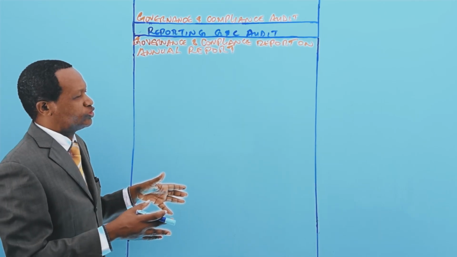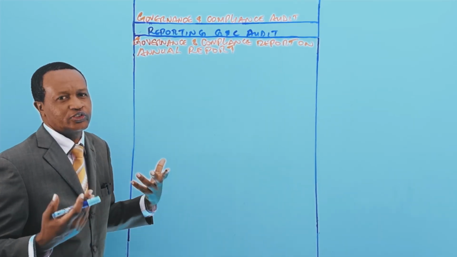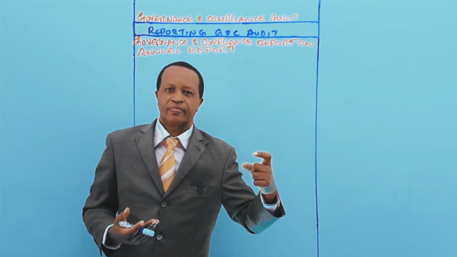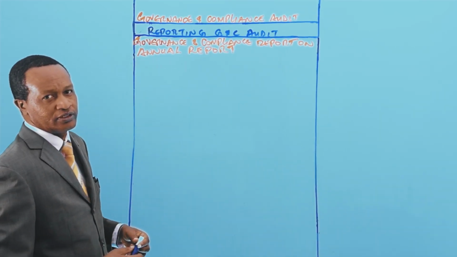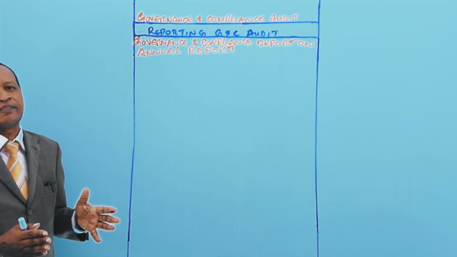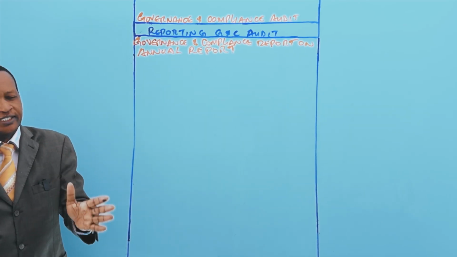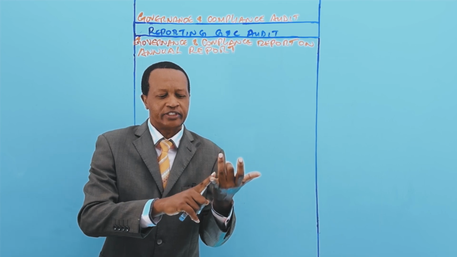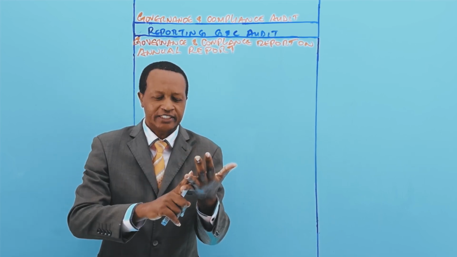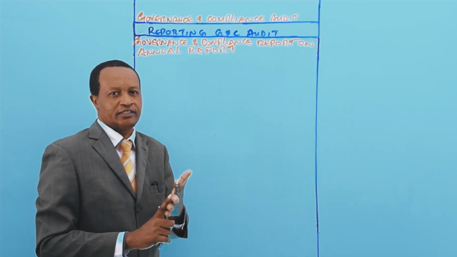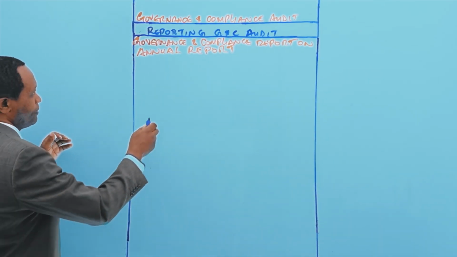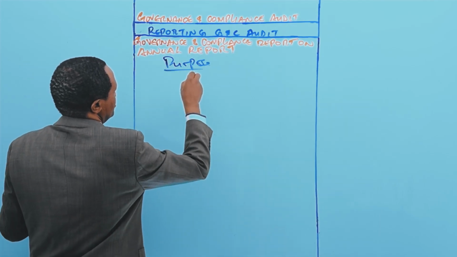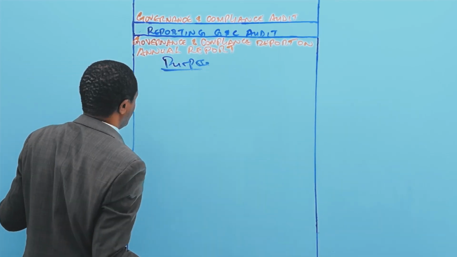So the question we want to answer before we look at the structure is, what is the purpose of this report in the annual report? I've just said that this statement of compliance is intended for shareholders, the regulators, and the public. So what is the purpose of including this report in the annual report?